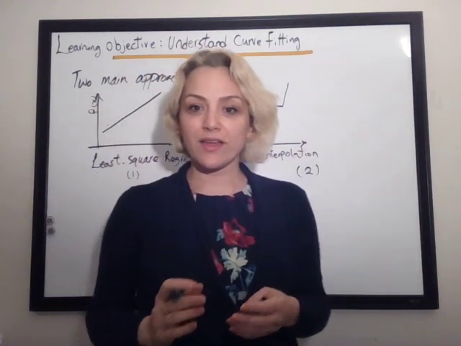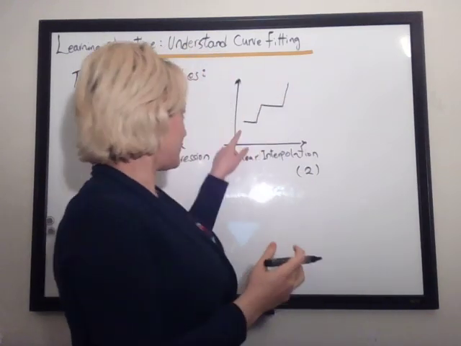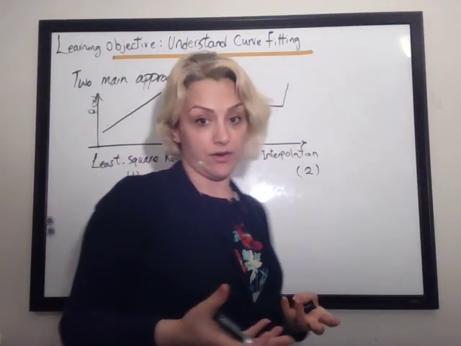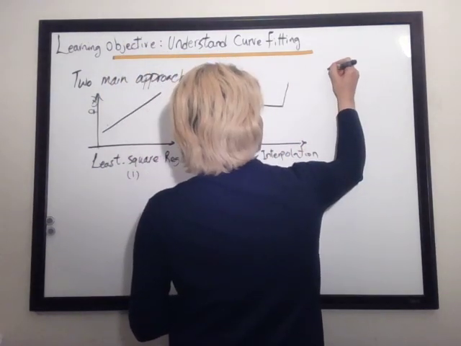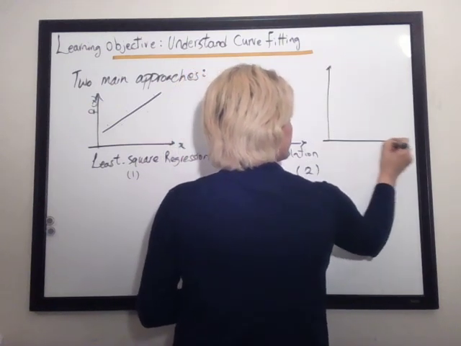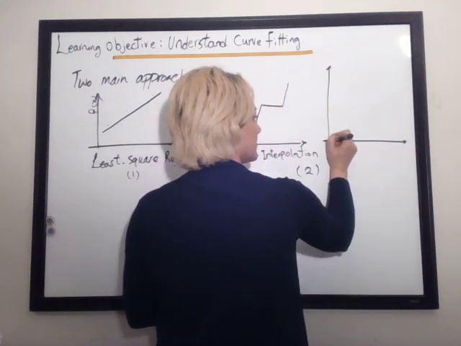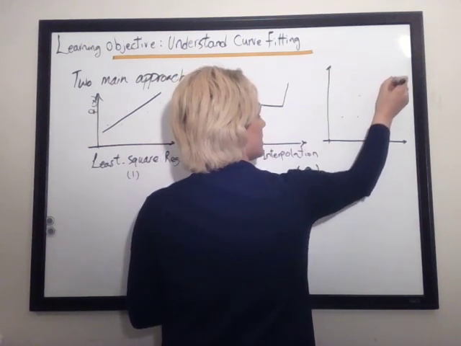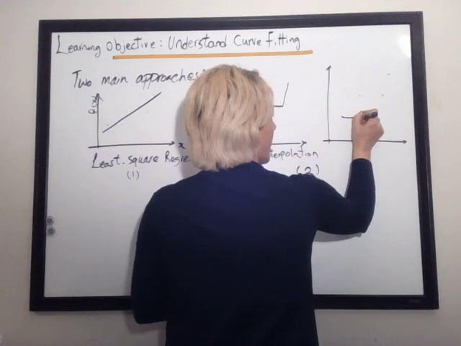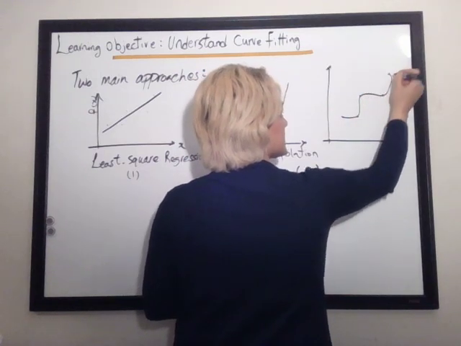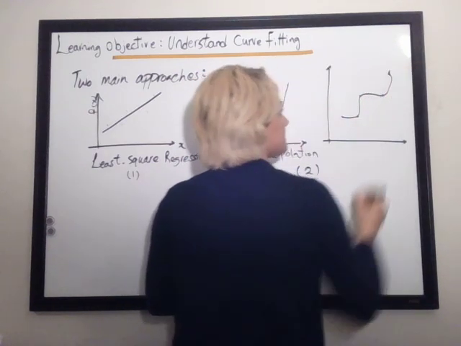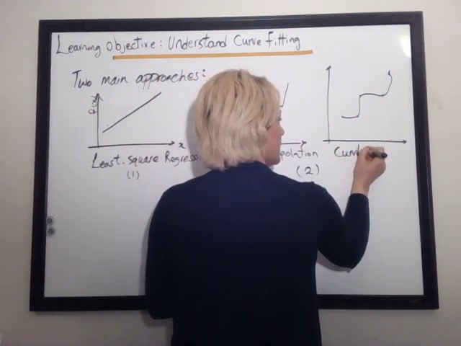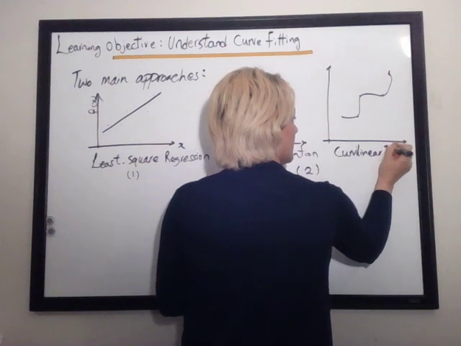Or I can use curves instead of these straight lines, and name that curvilinear interpolation. So I can have something like this, and name it curvilinear interpolation.